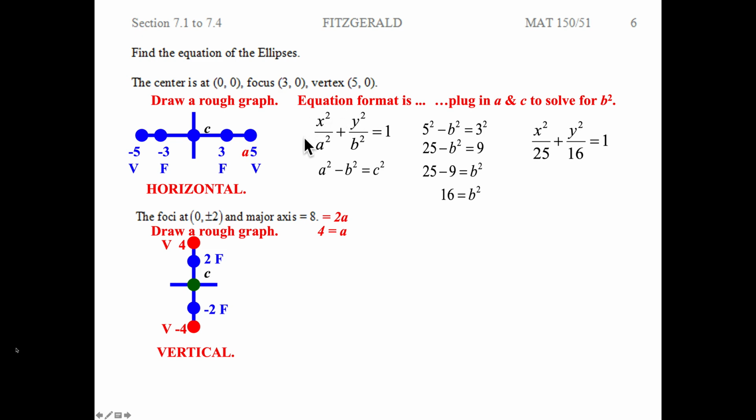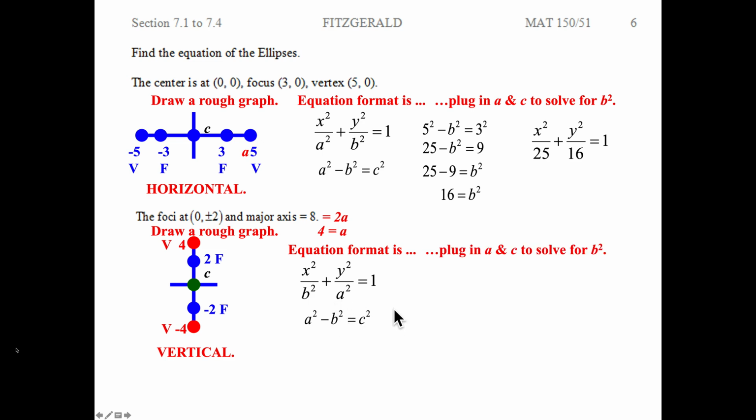Again, we'll start with our equation, but we'll put the A squared under the Y squared this time because it's vertical, and B squared underneath the X squared. Still use the Pythagorean theorem with the minus sign. Let's go find our B squared. So 4 squared minus B squared equals 2 squared.